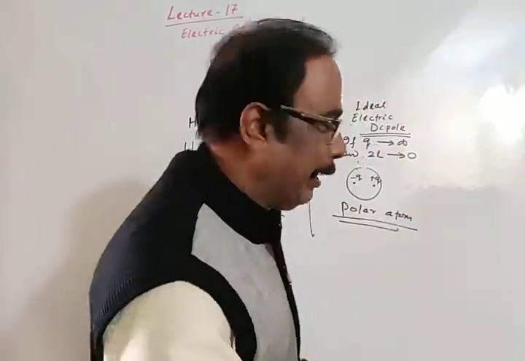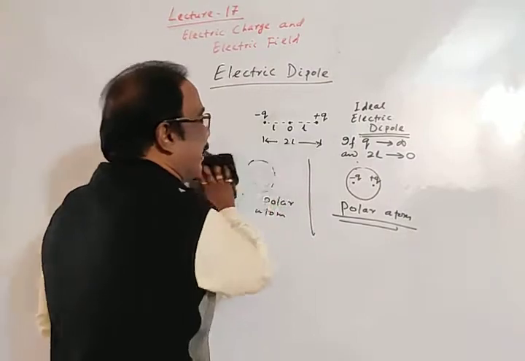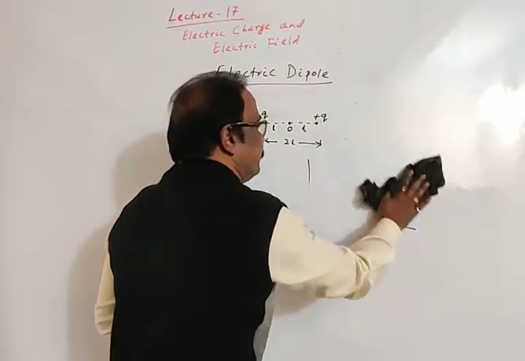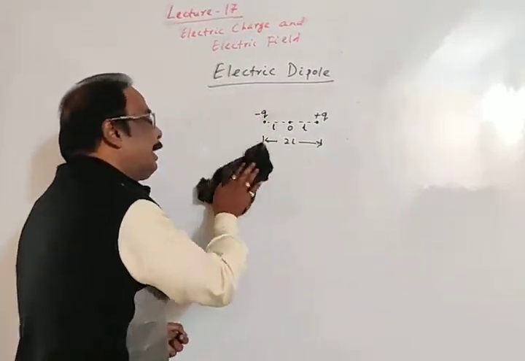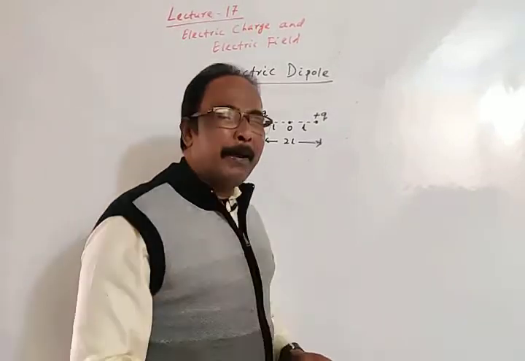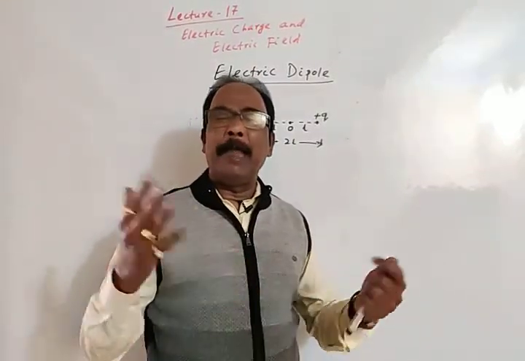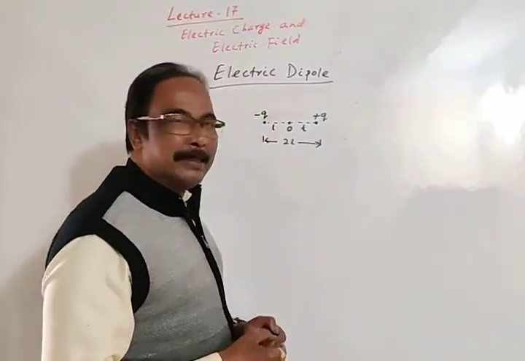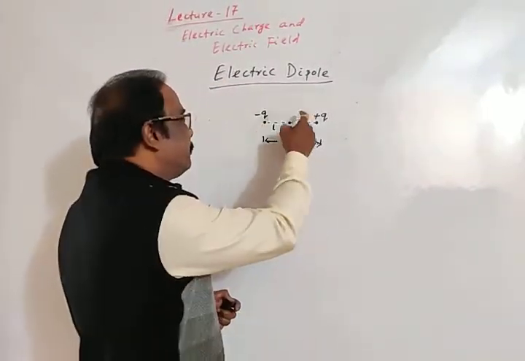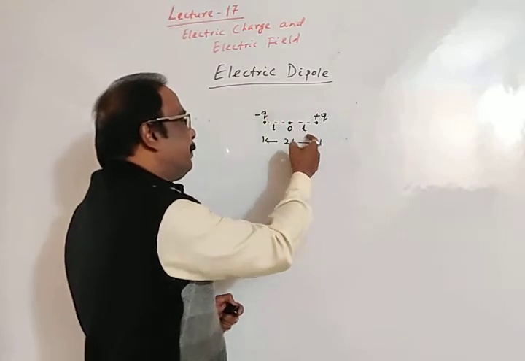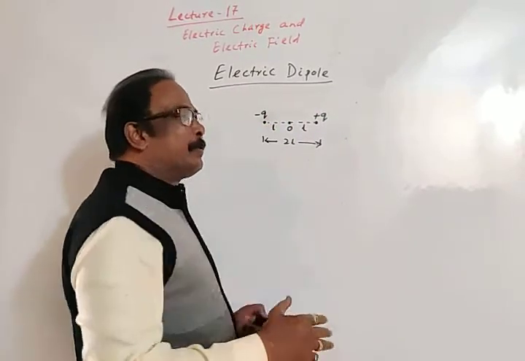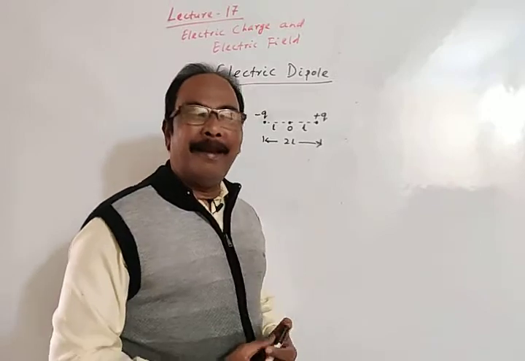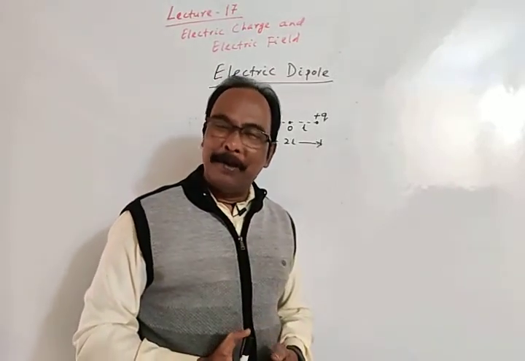Next term, electric dipole moment. So what can a dipole do? A dipole can produce an electric field, as you have already considered. Electric field lines of force go from positive to negative. We have already represented electric field lines in the previous lecture.